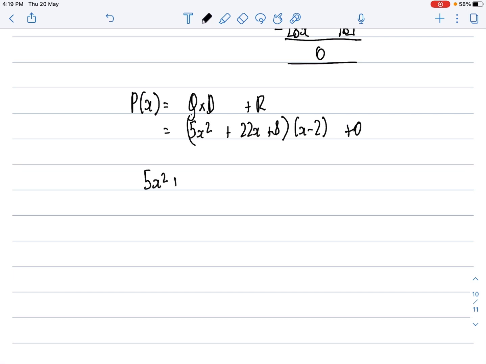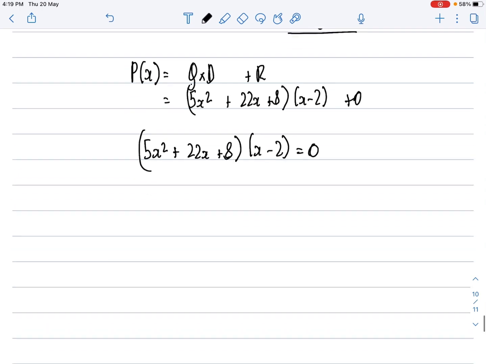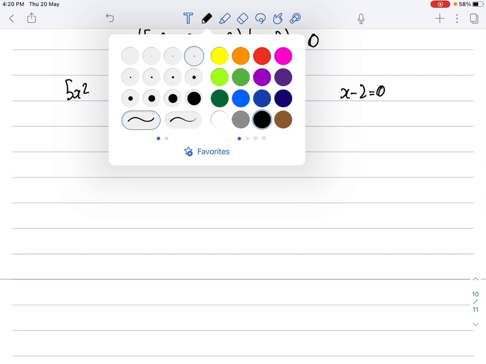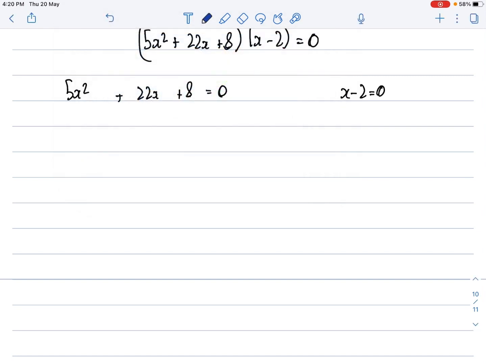I can write 5x square plus 22x plus 8 into x minus 2 is equal to 0. So 5x square plus 22x plus 8 is equal to 0, and x minus 2 is equal to 0.